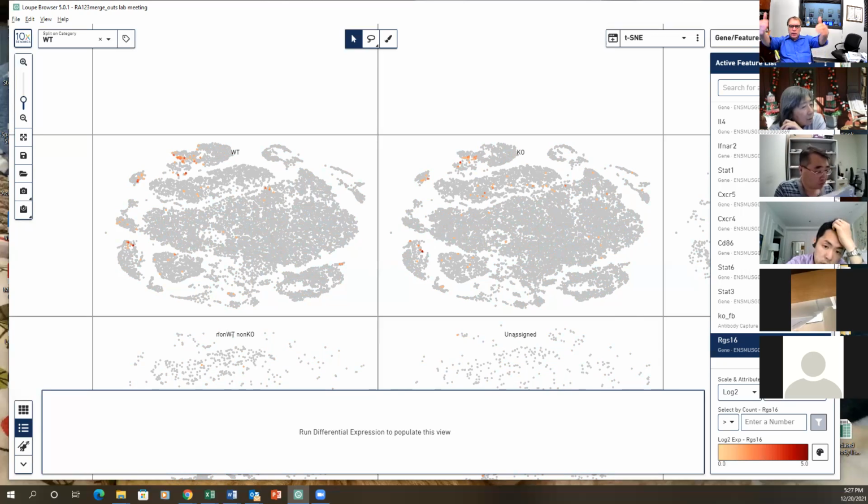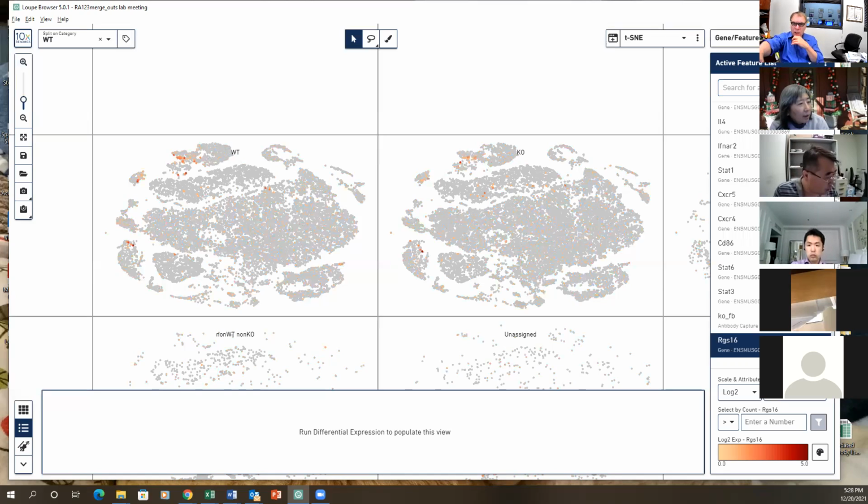Can you do your thing where it defines populations and color codes them? Oh, let's not do that now. That's another huge job, very time consuming. Can't it do it? Just click the right thing, go up on top.